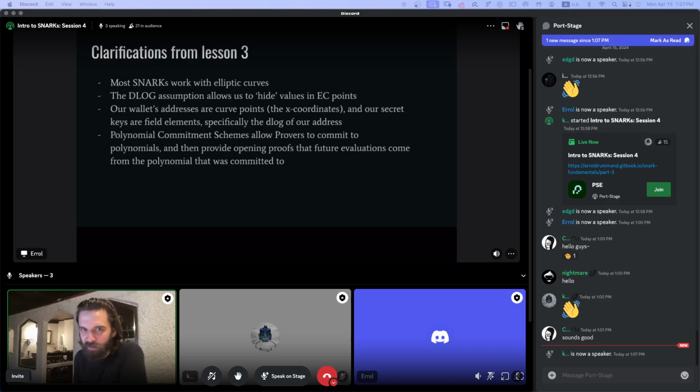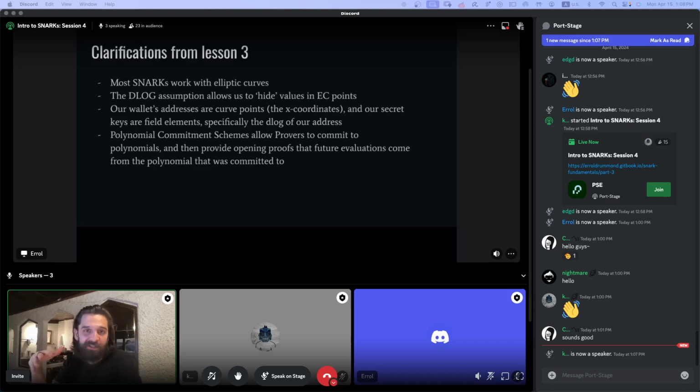Elliptic curves are generally faster and provide abundant security, but not against quantum computers. Specifically, the D-log assumption, the discrete log problem where you're trying to take a curve point and figure out what number it was multiplied by. The fact that we assume that's hard allows us to hide values in elliptic curves. That's the crux of how we can embed elliptic curves into our protocols and systems.